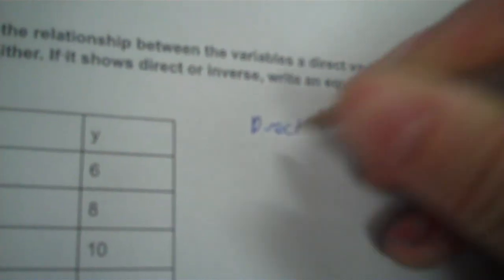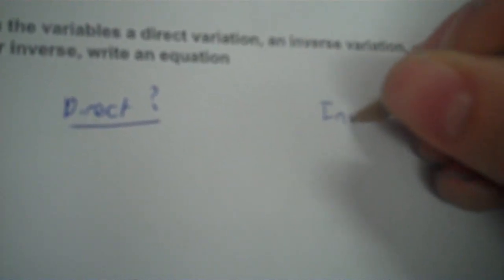All right, last one, last page. In the relationship between the variables, is the relationship a direct variation, an inverse variation, or neither? If it shows direct or inverse, write an equation. So I'm going to do direct question mark, inverse question mark.